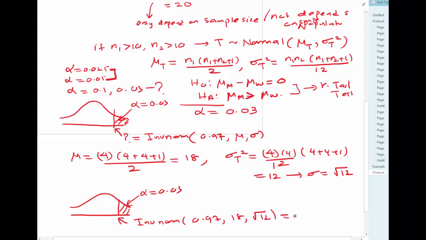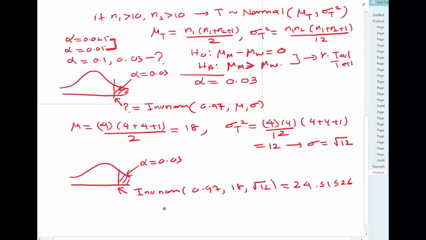I'm going to use my calculator. 0.97, mean is 18, and sigma is the square root of 12, and I get 24.55151526. Okay, so now our test statistic is 20. So it's somewhere here. It's not in the critical region. This is my critical region.